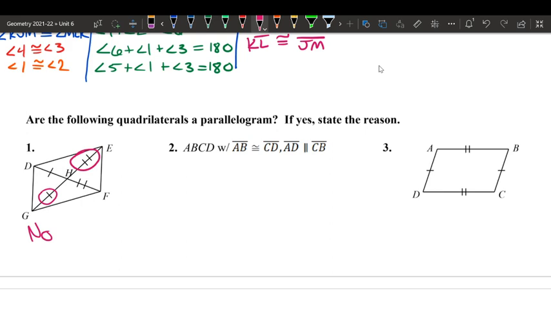And then on number 2, it says that parallelogram ABCD, where segment AB is congruent to segment CD, and AD is parallel to CB. Well, it didn't give me a picture. I like to sketch a picture.